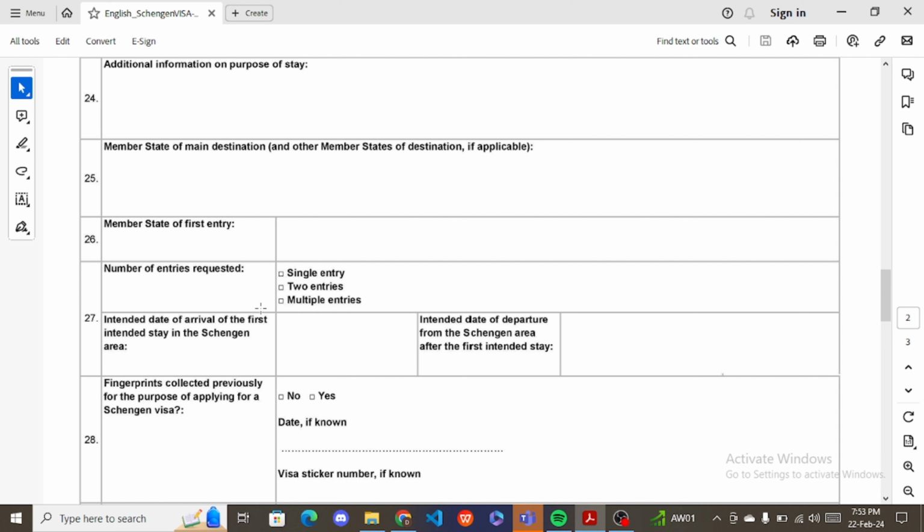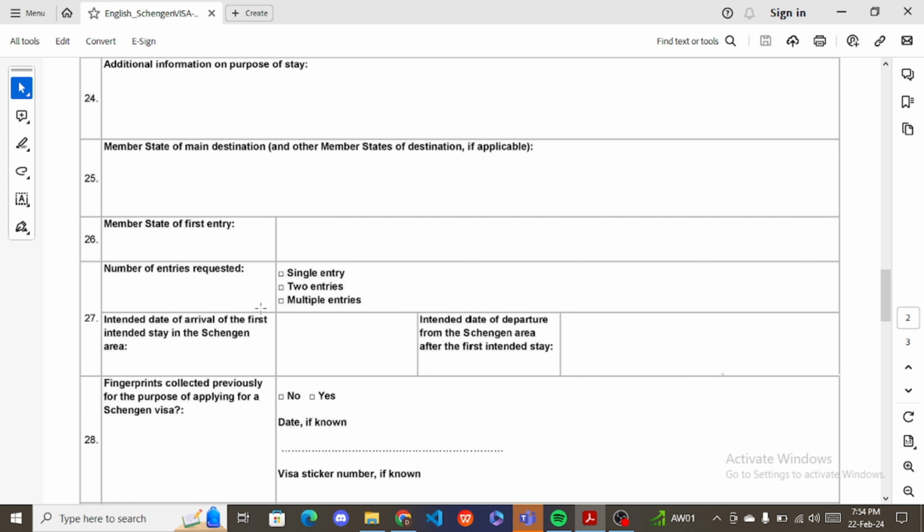Two entries mean within the 3 months, I can arrive in Malta, travel to another country out of Malta, and then I can enter again, just 2 times. I can only enter 2 times.